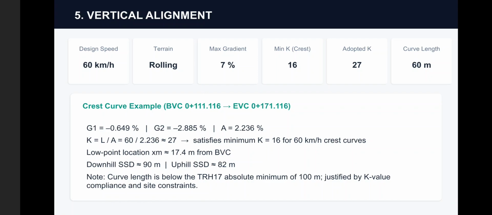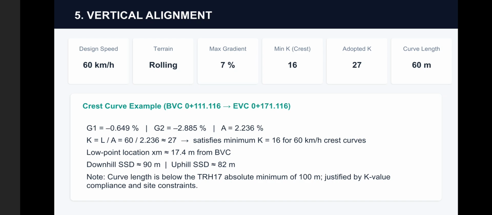The downhill stopping sight distance is 90 meters, and the uphill stopping sight distance is 82 meters. Then also, it is noted that our curve length is less than what TR817 recommends. However, this is justified by our K value and site constraints.